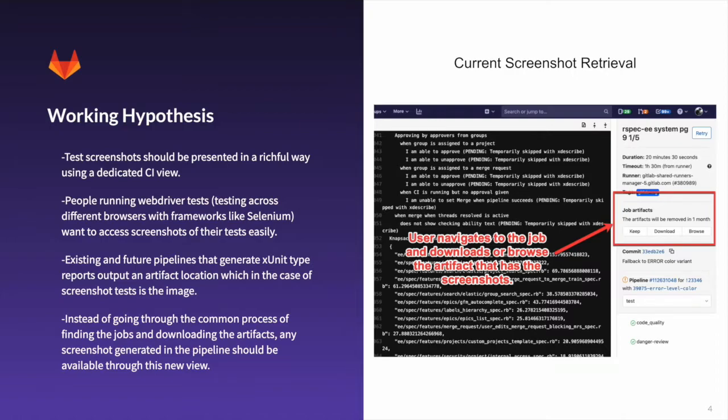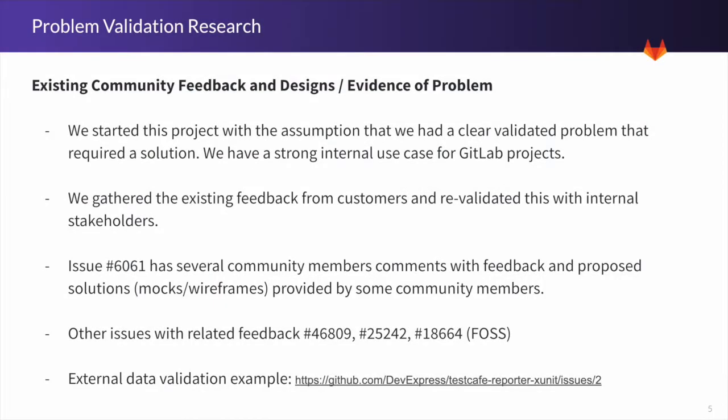All right, so the way that we approach this is basically we didn't do the common process in GitLab. This is already a validated problem, so our problem validation wasn't the most conventional problem validation. We already have existing community feedback and designs.